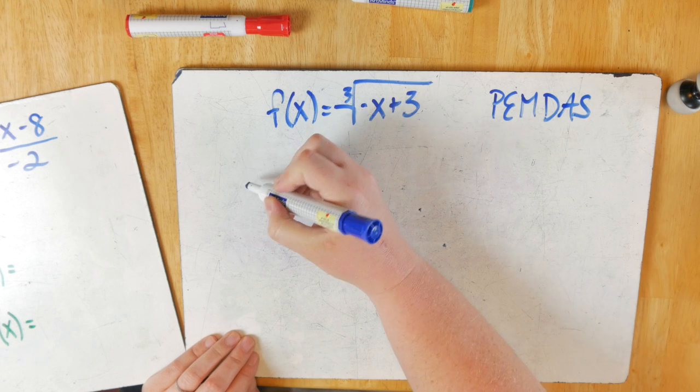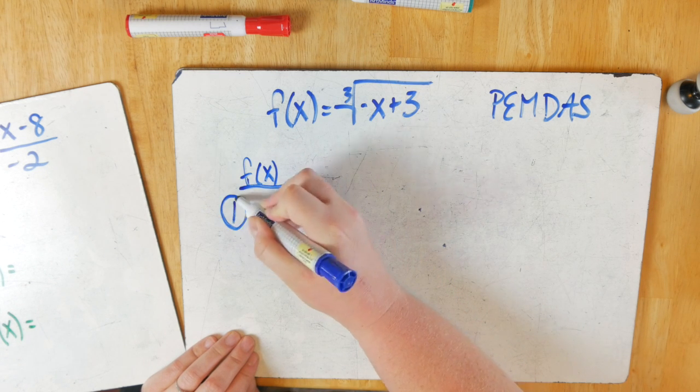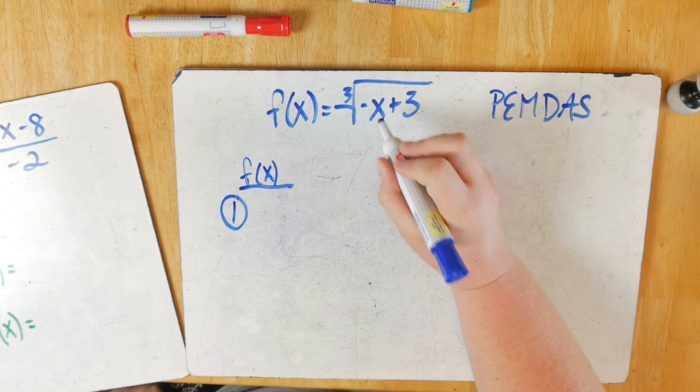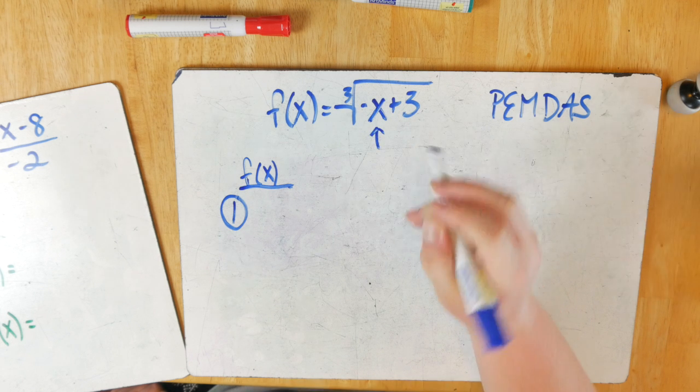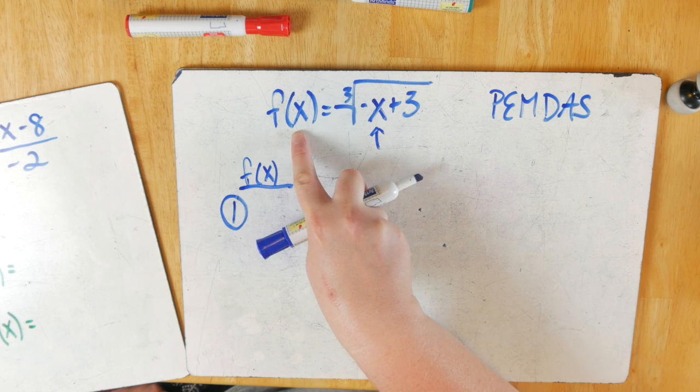So again, I'm going to make a list, a table of everything that happens to the input x, in the correct order, so that I can inverse and reverse it to find the inverse of f of x.